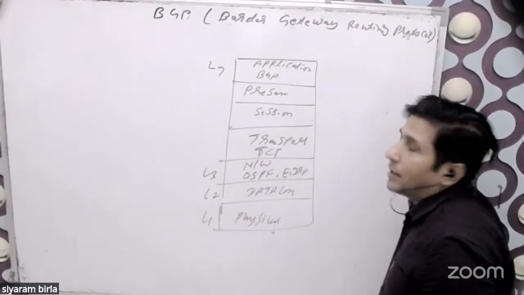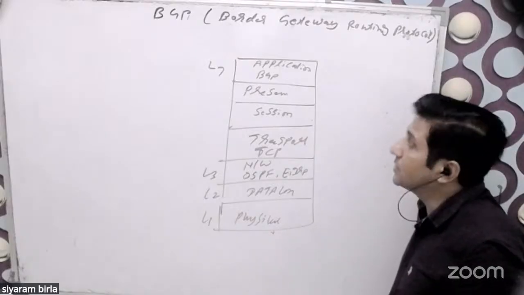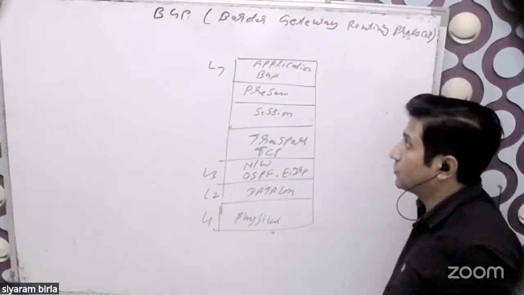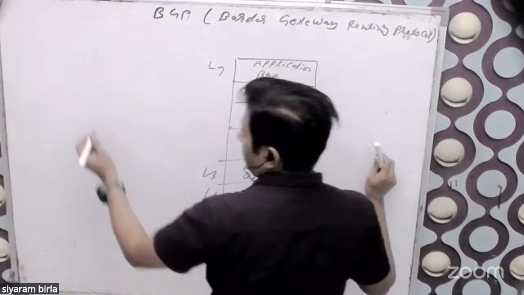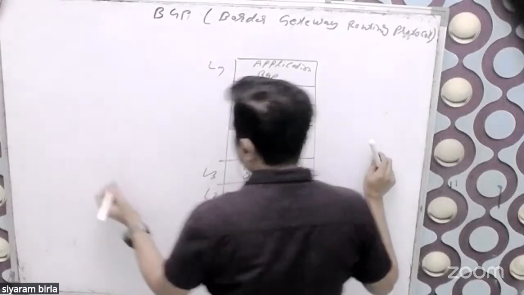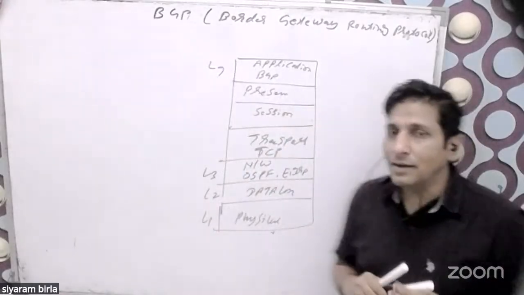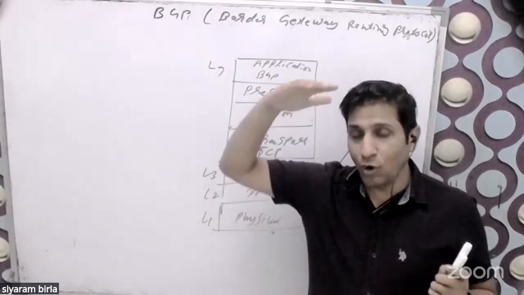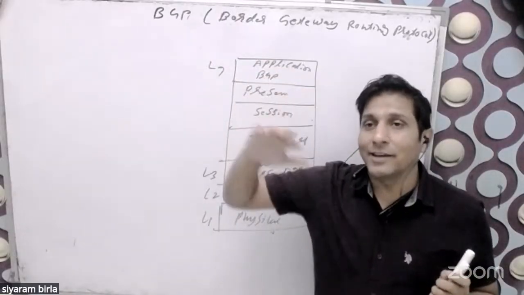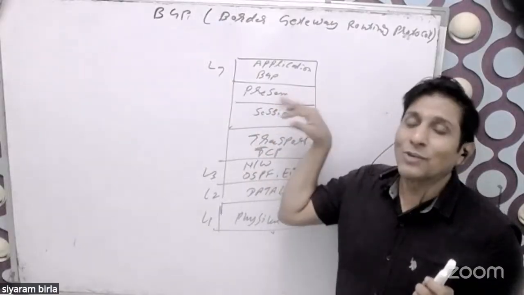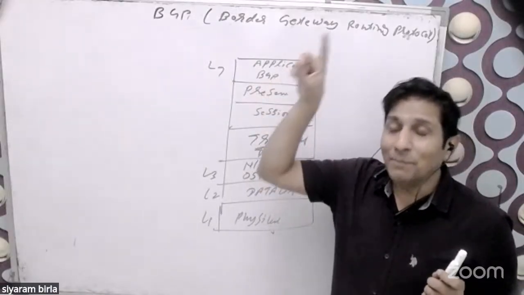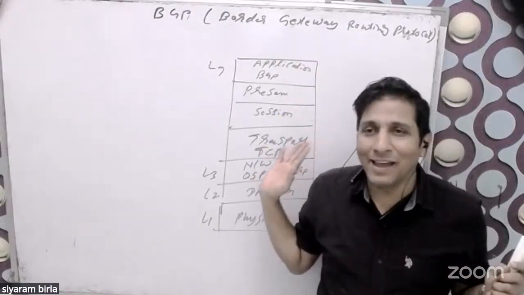So BGP works at layer 7, and it is a very slow protocol. If anybody is living on floor number 7, they need floors 1, 2, 3, all the floors to be up, then floor number 7 will be up.